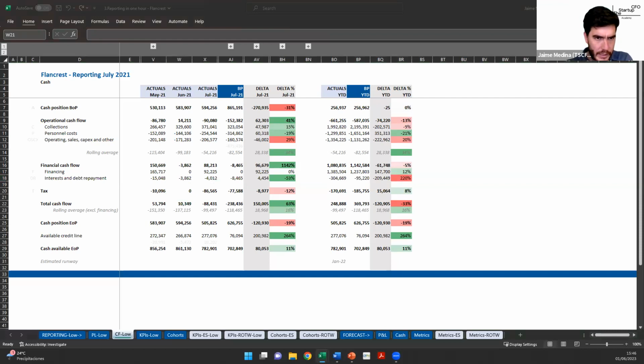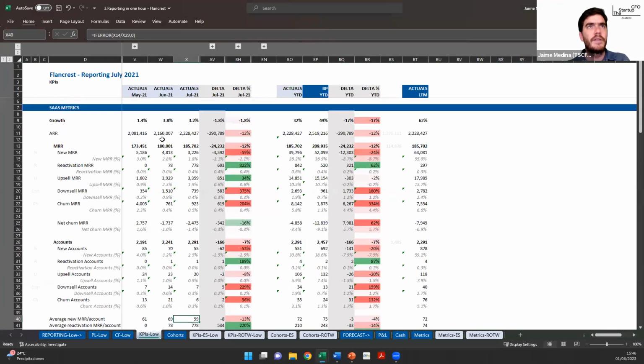Hector is asking on the chat, how do you make sure everything is matching? Do you have hidden checks? Yes, actually, I'll show you here, for example. Here, a check. But for the P&L, in our process we have a checkbox to check whether it is the same as in accounting, yes or no. Or in the input tabs that I'm not showing, you have a data validation such that you have to pick the cost center from a list.